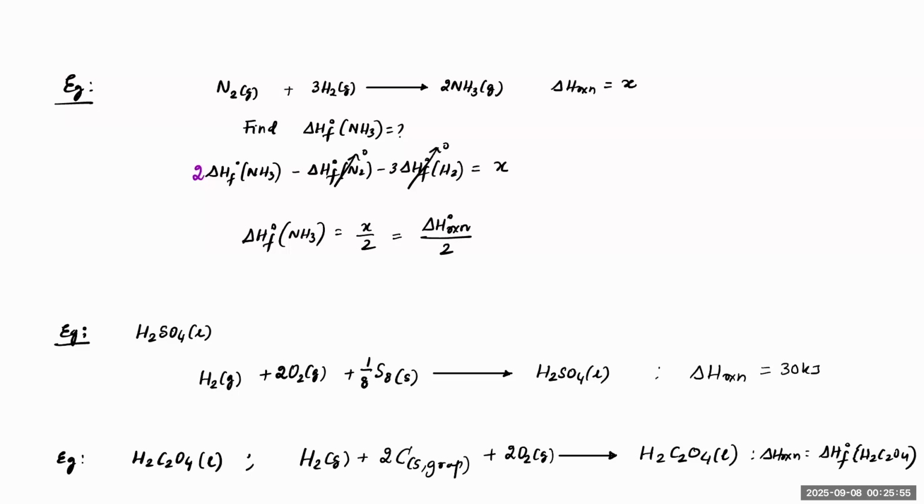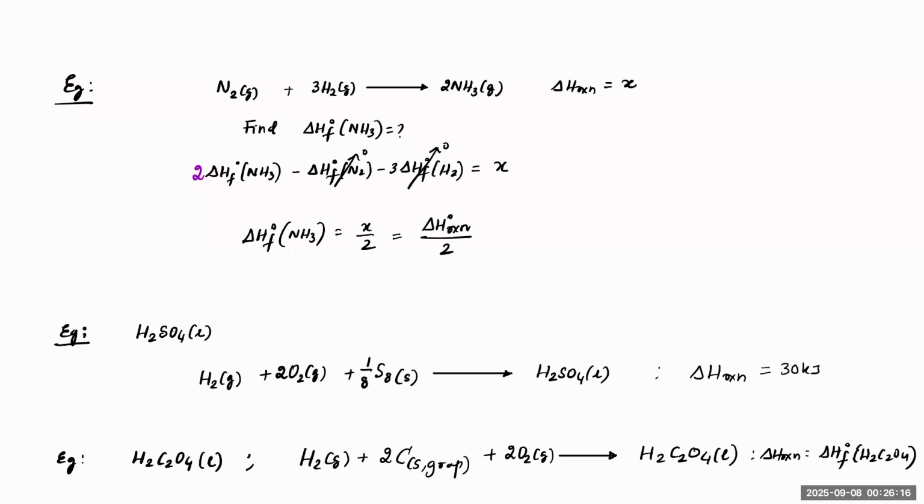Now, because these are standard values, this is 0, this is 0. So 2 times delta H of formation of ammonia is equal to X. So delta H of formation of ammonia is X by 2, which is delta H of the given reaction by 2. Clear?